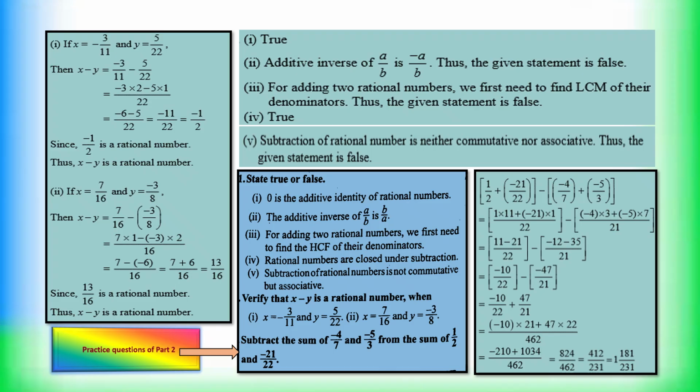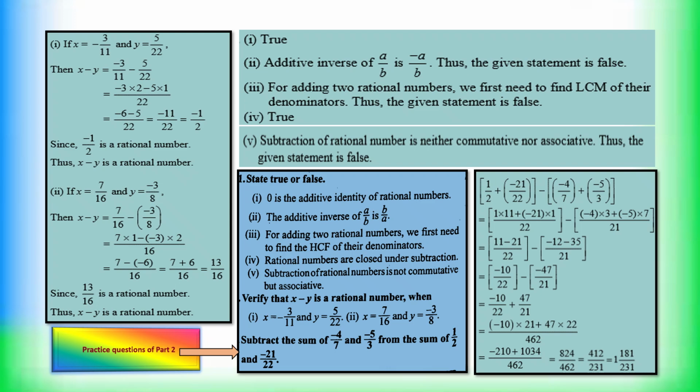The whole properties we learnt: whenever we consider the subtraction process, it is neither commutative nor associative. Remember, that is true for subtraction as well as division. So the reason is given and the answer also.